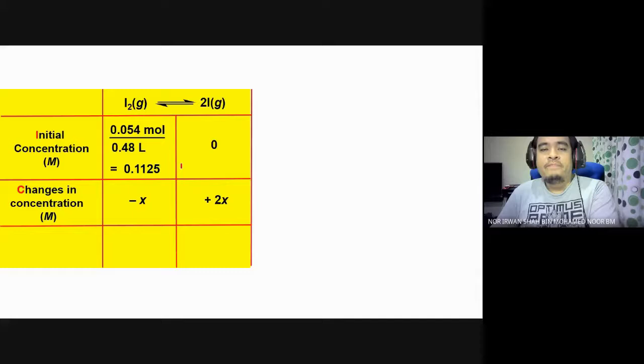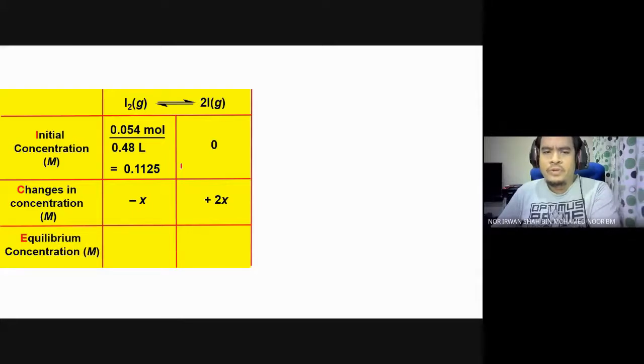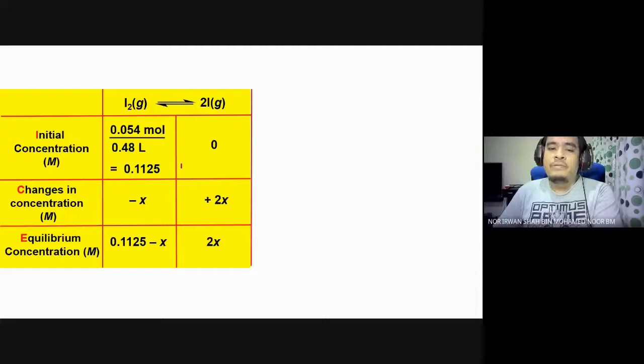And at equilibrium, the concentration of iodine vapor shall be 0.1125 minus X, while the concentration of gaseous iodine atoms at equilibrium is 2X.